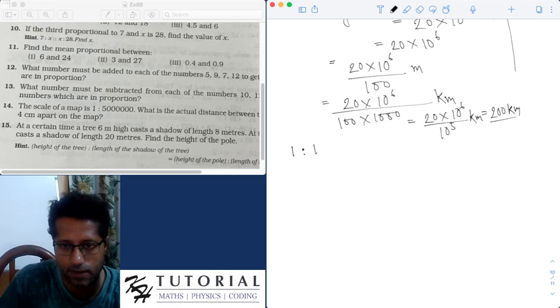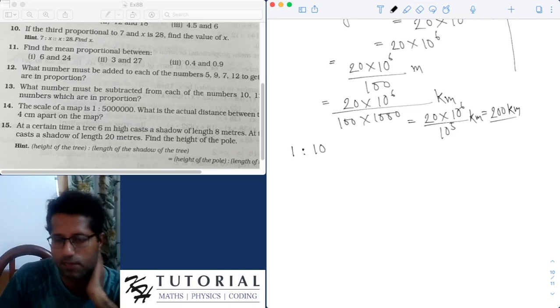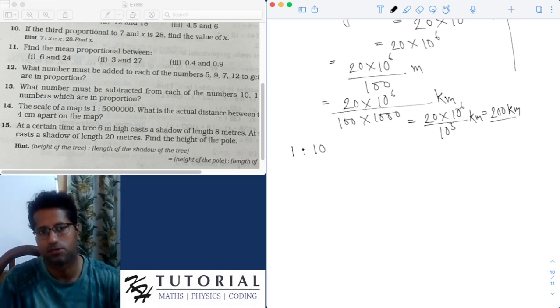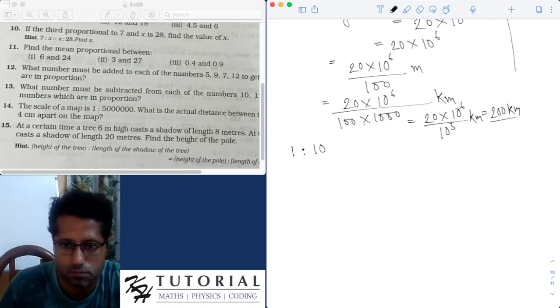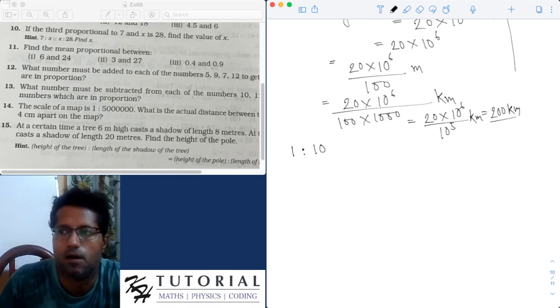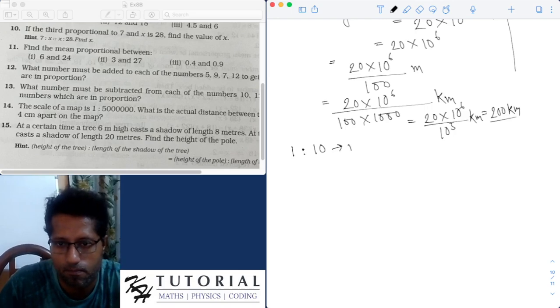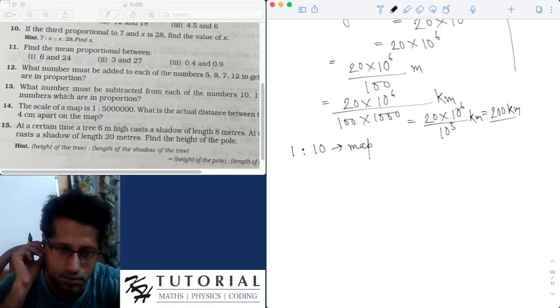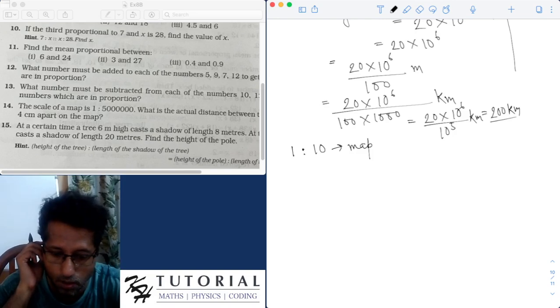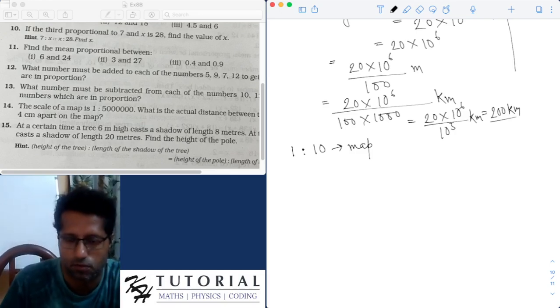Then it means that whatever distance you see in the map is actually 10 times. So in the map, 1 unit distance is equivalent to 10 unit distance in real life. So this is the ratio.